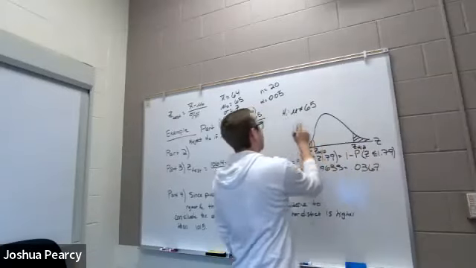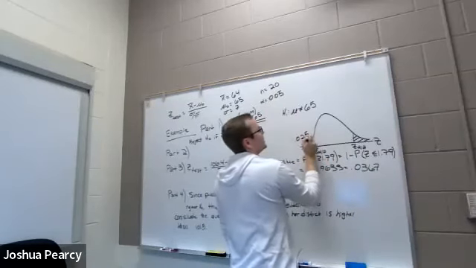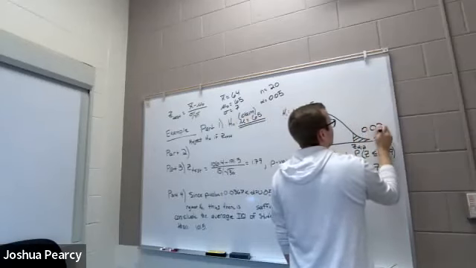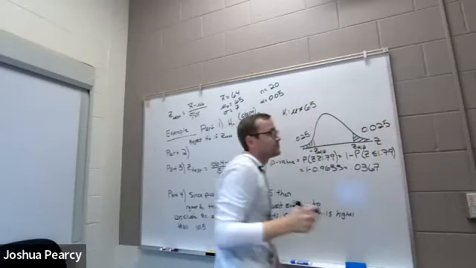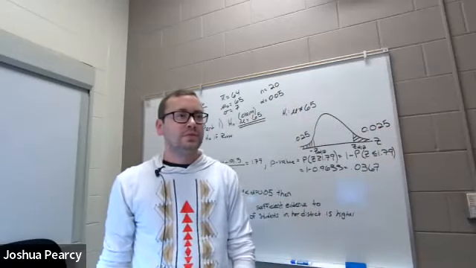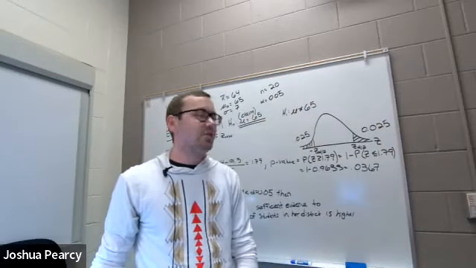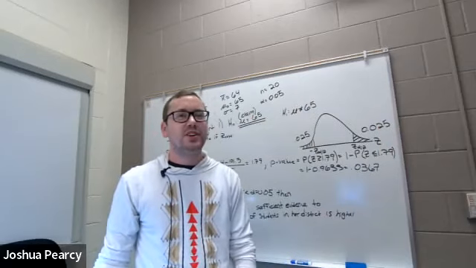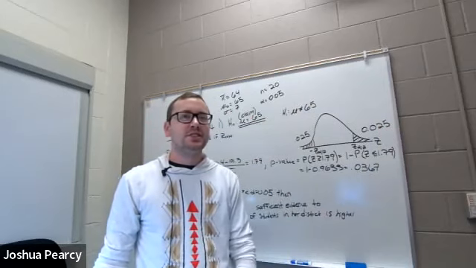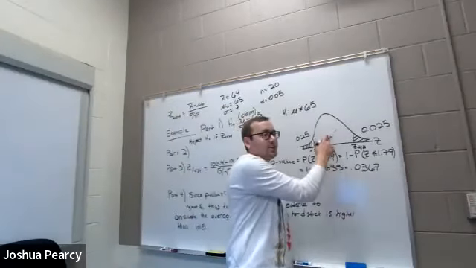So this would be 0.05 over 2, which is 0.025. And the area in this one over here would also be 0.025. What are the critical values corresponding to that, that we talked about last chapter? What is the area in the middle?